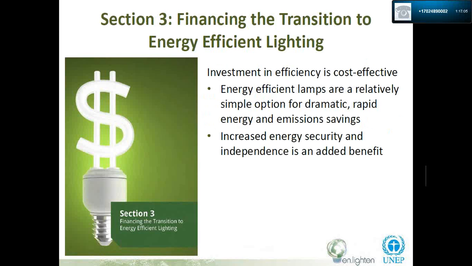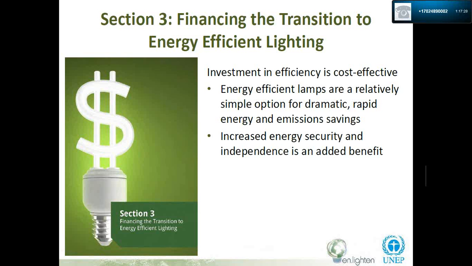In Section 3, we're talking about supporting policies, primarily financing. Many governments that we work with are eager to do something to save energy immediately, to reduce their greenhouse gases. They want to do something with lighting, but they realize that any new legislation requires a responsibility on their part to take a look at how to finance it.